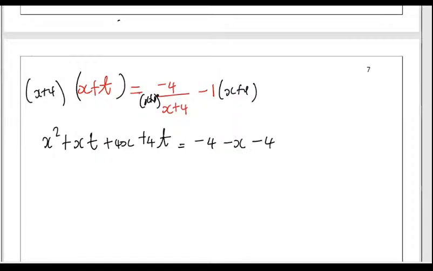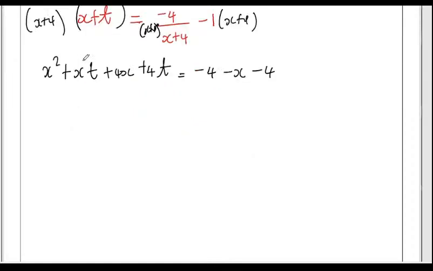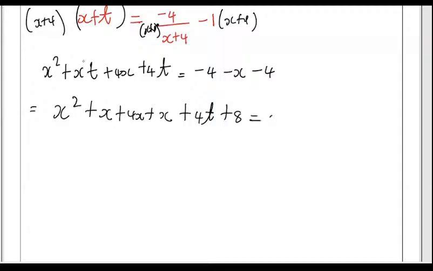Then all we need to do is regroup, collect the like terms, and then we identify. So it's going to be x squared, plus 4x, plus x, plus 4t. When this one moves to that side, it's going to be plus 8 equal to 0.